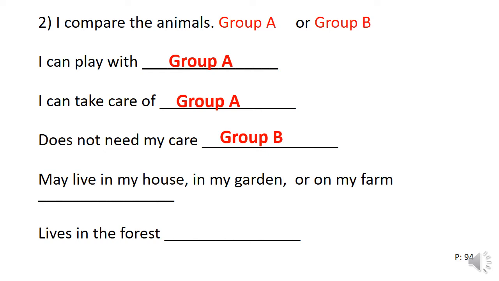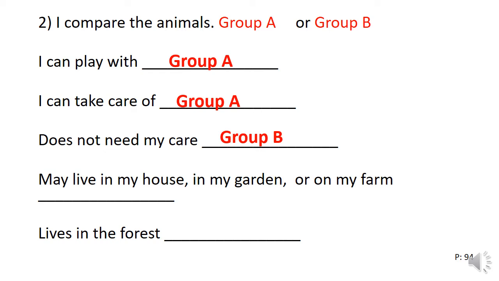They can grow alone, and in which place? We can answer this question later. So let's continue. May live in my house, in my garden or on my farm. Which animal?